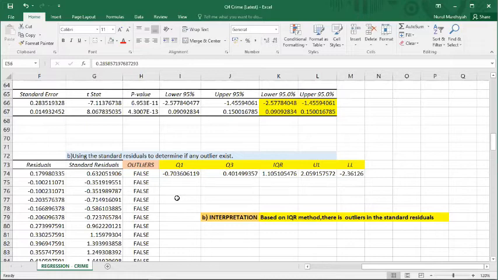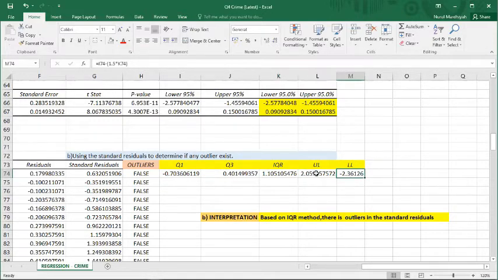Next question is using the standard residual to determine if any outlier exists. For this question, I use the IQR method to find any outlier for standard residual. The first step, we must find Q1, quartile 1, and quartile 3. Then we must find the IQR, which means Q3 minus Q1. After that, we must find the upper fence and also the lower fence.